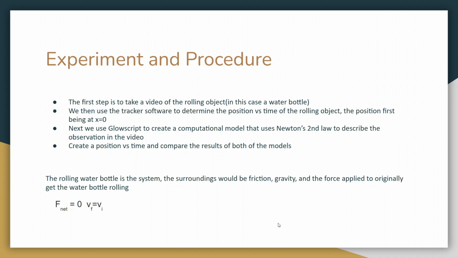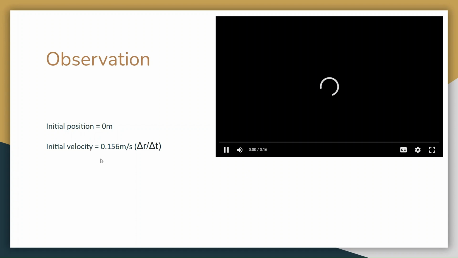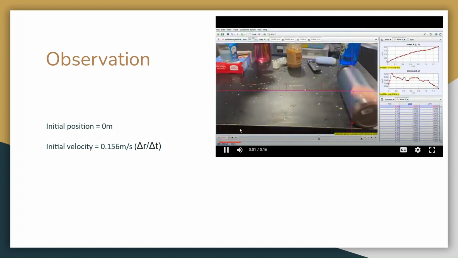The rolling water bottle will be the system, and the surroundings will be the friction, gravity, and the force applied to originally get the water bottle rolling. Like I said earlier, F net equals 0 and v_f will equal v_i. Here we have the observations of the water bottle rolling on the desk. As you can see, we use the Tracker program.